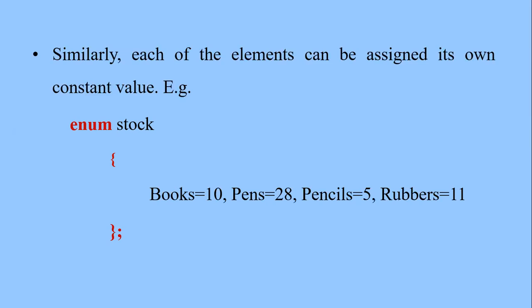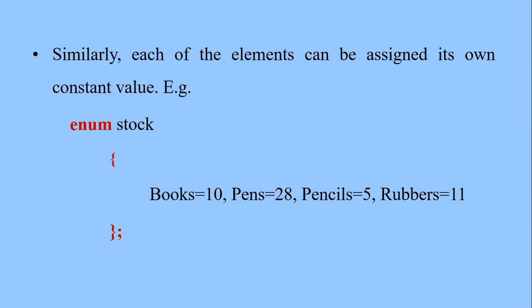But if you want to change that, then you need to assign a certain value to each of the elements. For example, 10 to books, 28 to pens, 5 to pencils, 11 to rubbers.